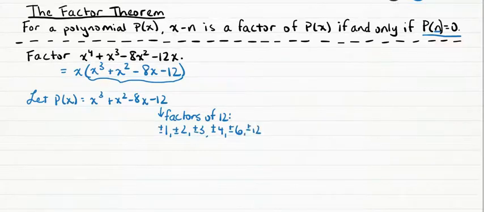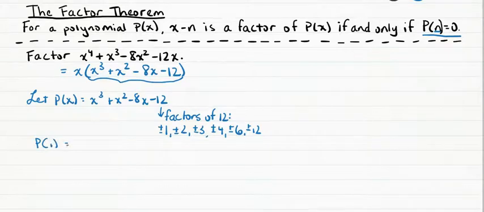Okay? And so when we substitute in values for p of n, we are going to pick n values that come from this list. So that narrows down our options a little bit. But otherwise, it is just trial and error until you find an n value that will give you p of n equal to 0. So we can start with the first one on our list, p of 1.